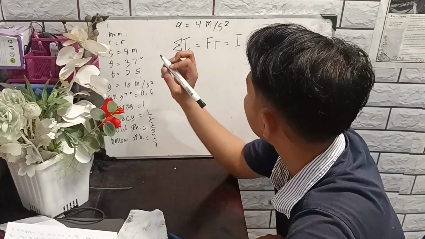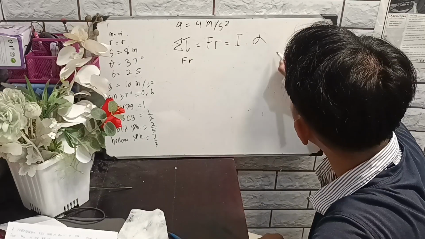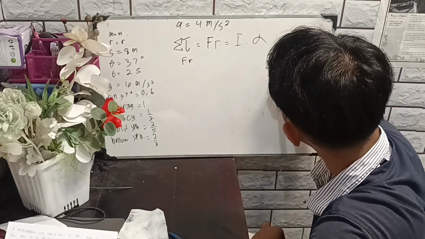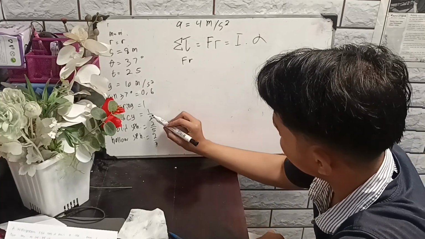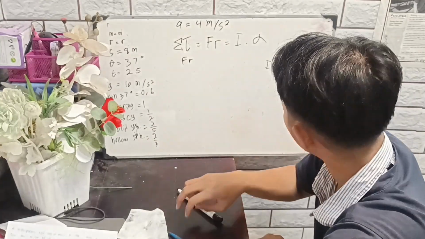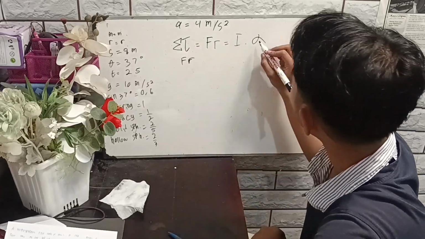Let's break it down. Inertia is equal to k m R squared, where k is one of the constants listed.